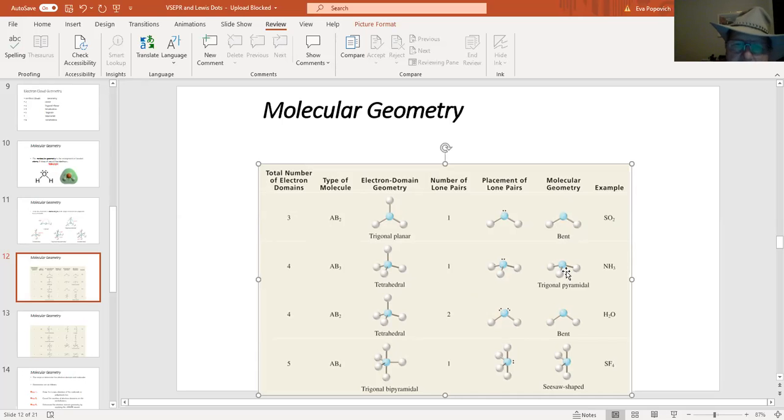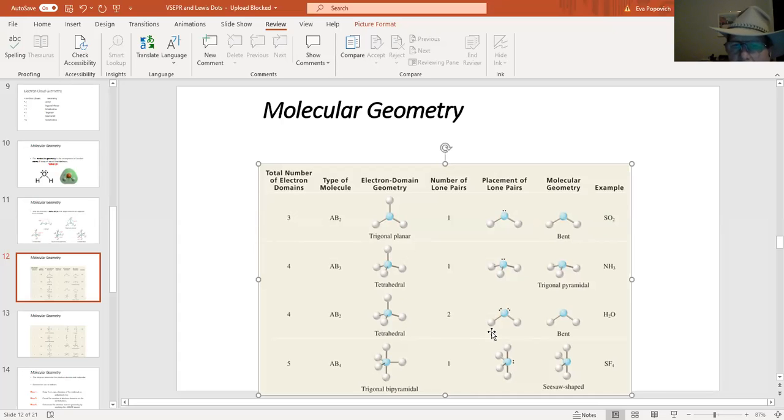Now I can take that another step. Instead of just having 1 lone pair, I can make this 2 lone pairs. In this case, I still have 4 things around my center atom, two of them just happen to be lone pairs that I can't see. So if I have something like water, where I have a hydrogen, an oxygen, and another hydrogen, the other two sites are occupied by lone pairs.